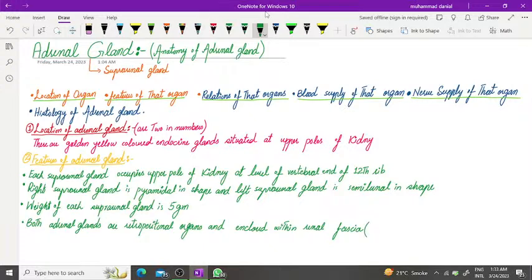Fasciae is basically a thin covering of connective tissues around an organ.